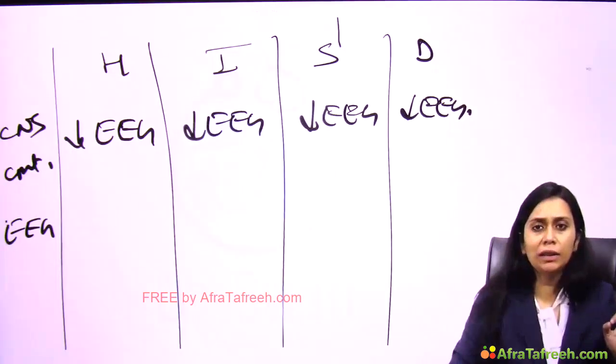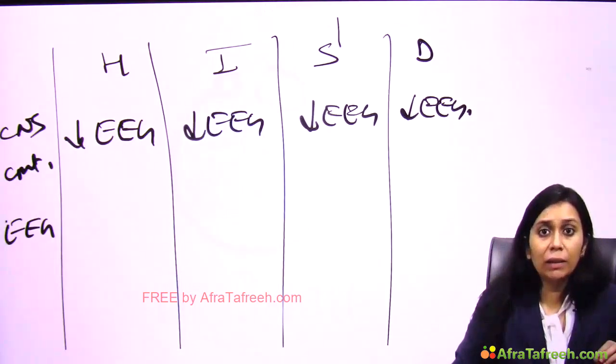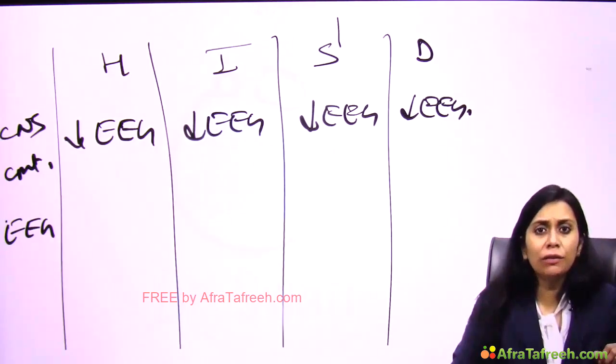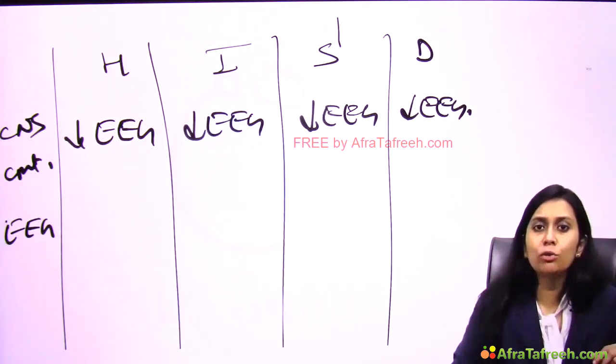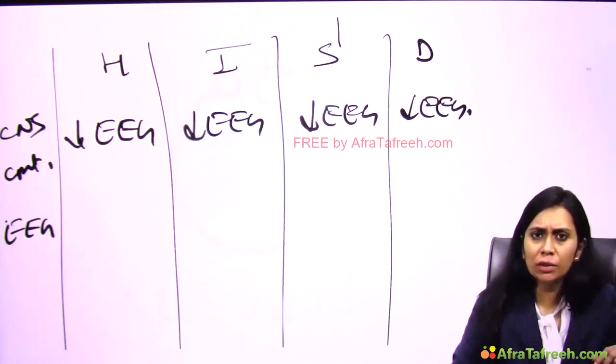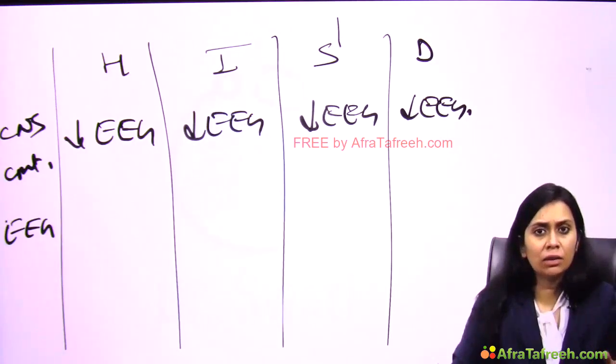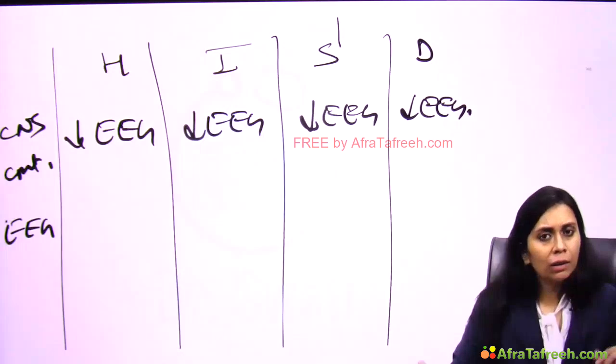If a drug decreases EEG activity, it becomes a good anti-epileptic agent. If you know the definition of refractory status epilepticus, it is status epilepticus, that is continuous epilepsy, not responding to routine anti-epileptics. What do we do in this situation? Give an anesthetic agent, preferably IV, but inhalational can also be given.